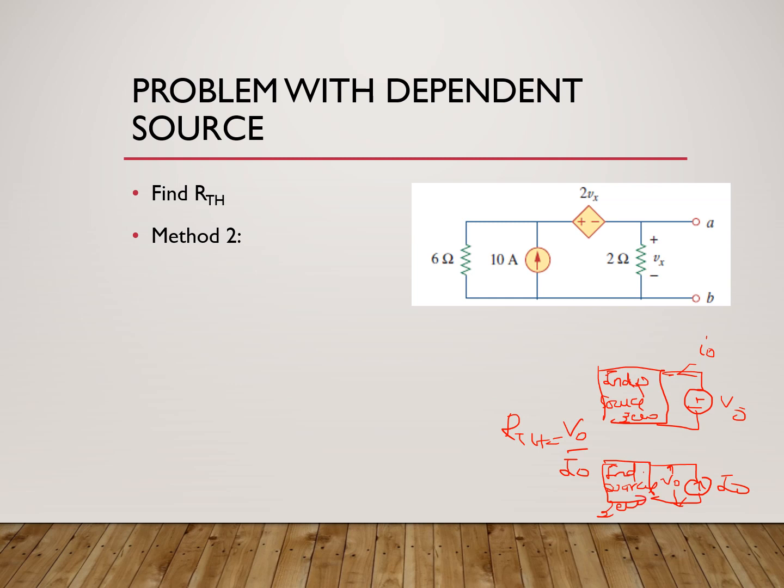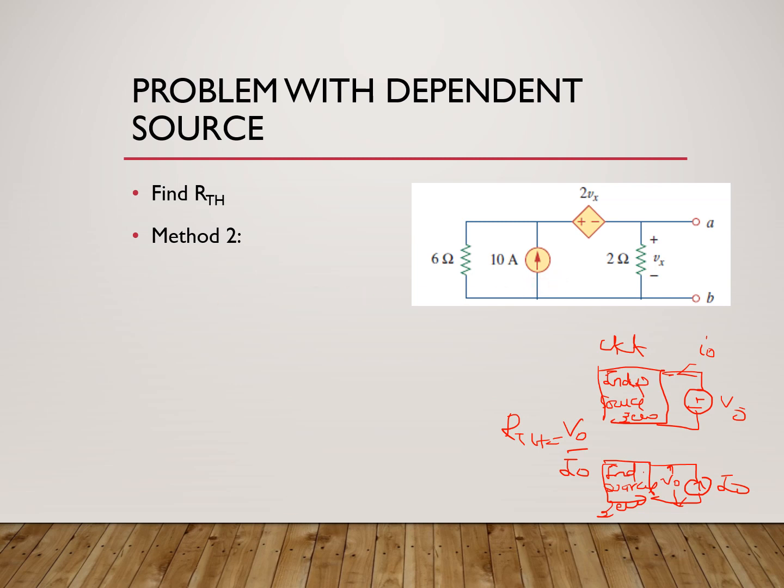This is the circuit we are looking at, and I'm going to be applying a current source instead of a voltage source. You can apply any one of those. At the same time I have to take out this, because it's an independent source, so the independent source has to be made 0. A current source is open circuited.